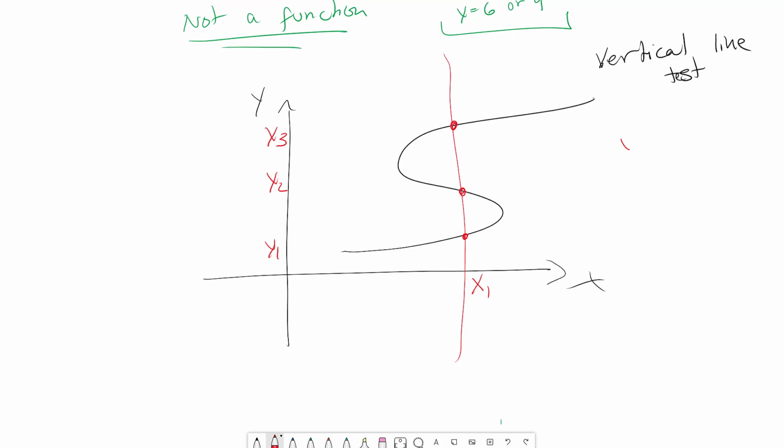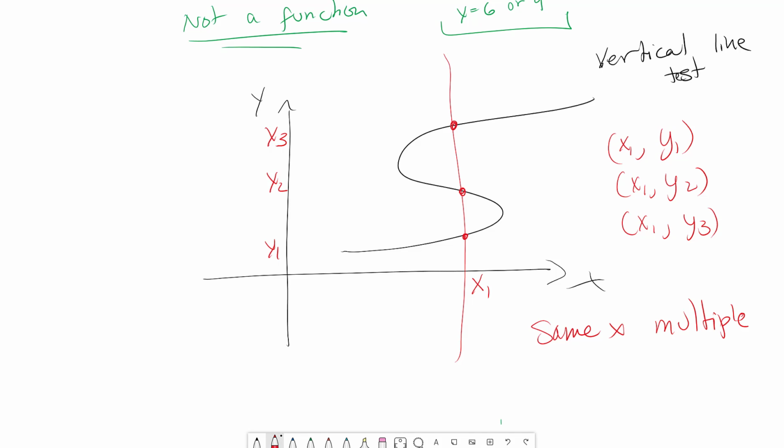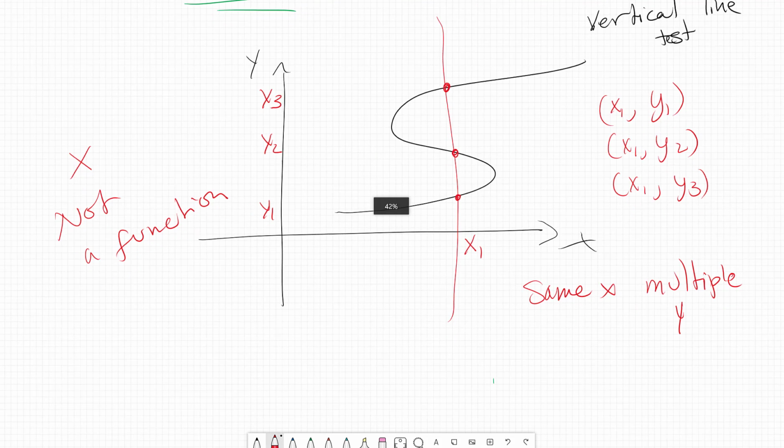So the same x1 has ordered pairs (x1, y1), (x1, y2), and (x1, y3). So we have the same x with multiple y. So again, this is not a function.